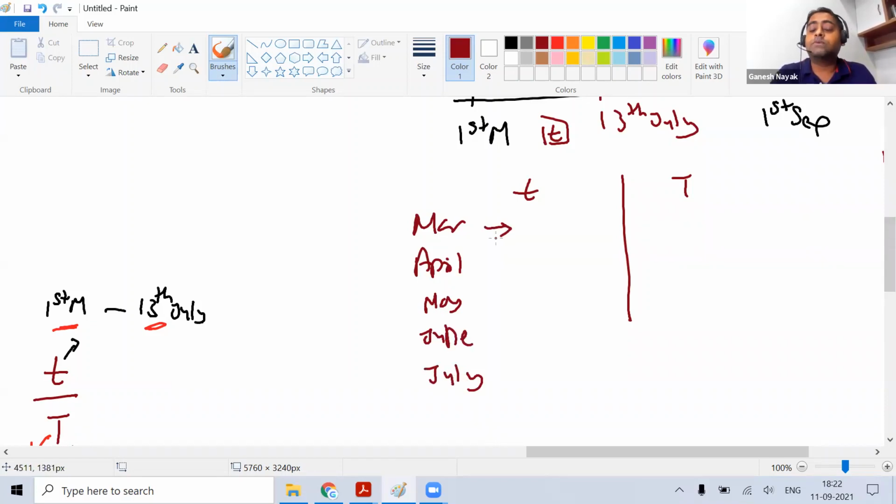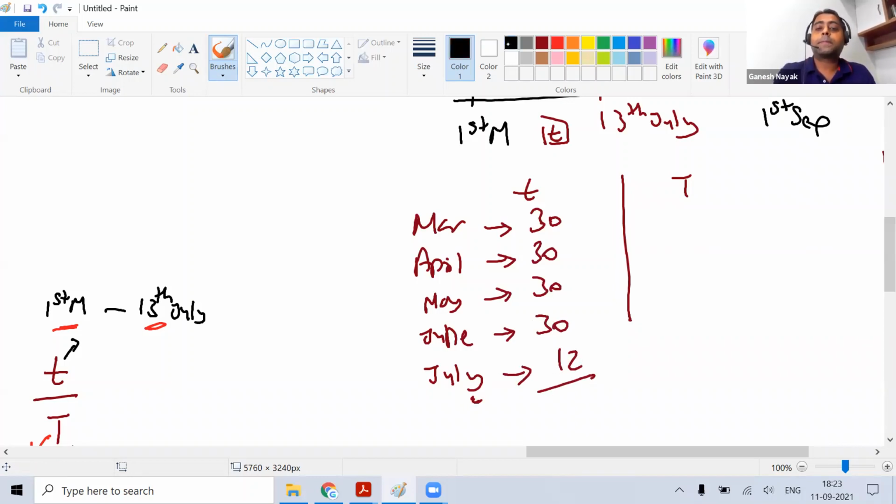How many? Since we are doing 30 by 360, an entire month will be considered as 30. This is 30, irrespective of whether actual dates are 31. I'm straight away going to consider the entire months as 30. And this July is going to be 12. Give me the addition, guys.